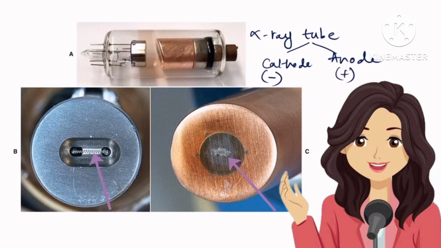Here you can see this is the cathode, and this is the anode. The small thing you can see is the anode, and it is attached to the copper stem. This is copper colored. What is the use of the copper stem? We are going to discuss. So this is the anode, this is the cathode.